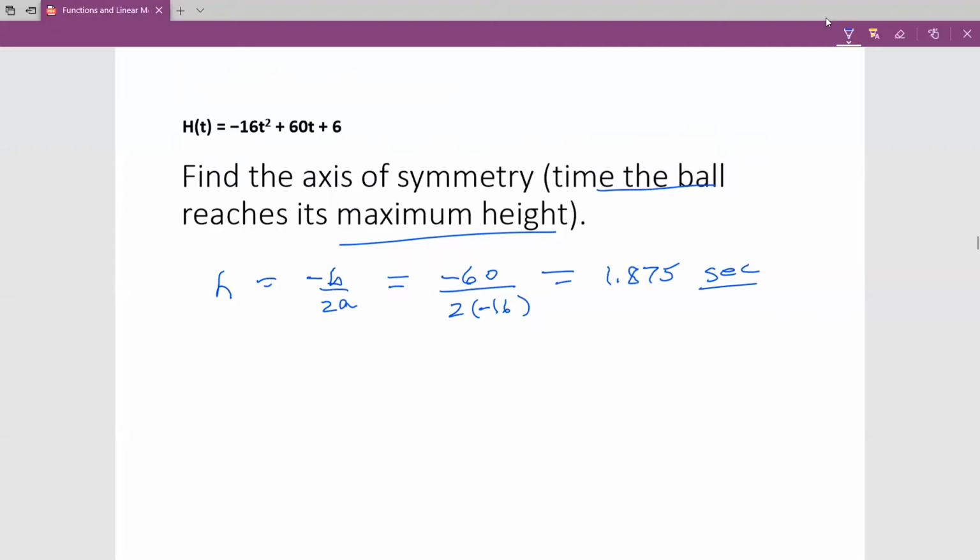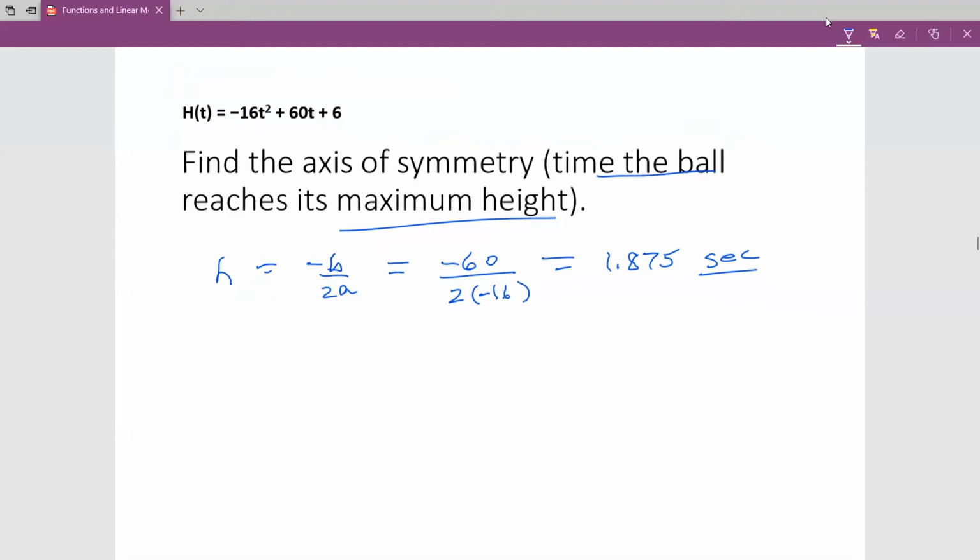So in 1.875 seconds, the ball reaches its maximum height, and we'll calculate the maximum height by calculating the y value of the vertex, or the h value of the vertex.